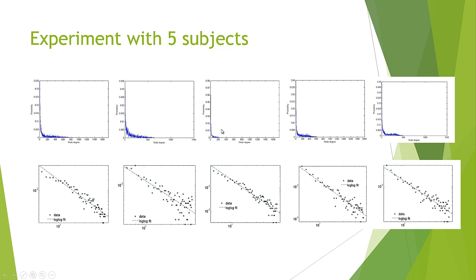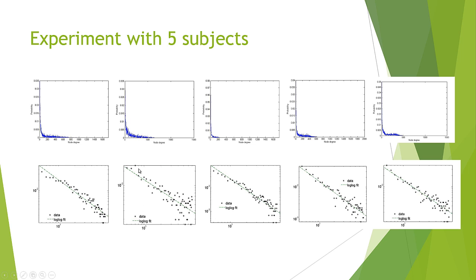We fit it, and in this case we put this data on a log scale, and we get these scattered points. We fit them with a linear method, and we can calculate the slope of this line.